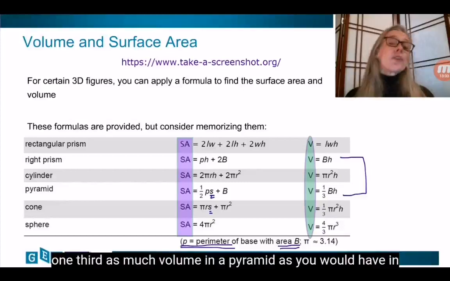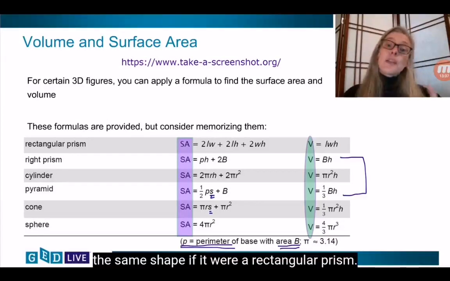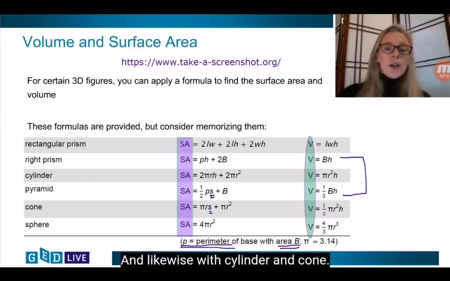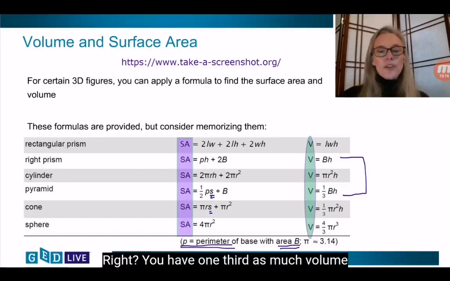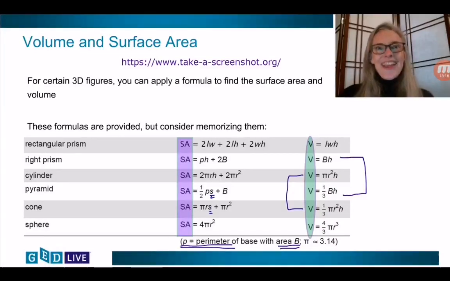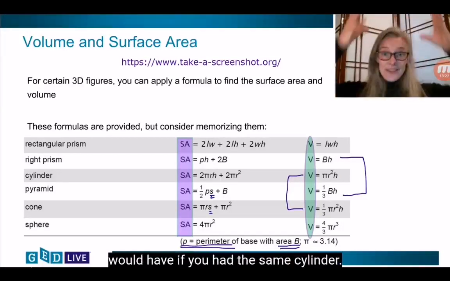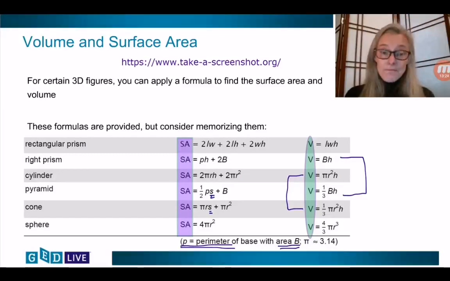So you have 1/3 as much volume in a pyramid as you would have in the same shape if it were a rectangular prism. Likewise with a cylinder and cone: you have 1/3 as much volume in a cone that shrinks to a point as you would in the same cylinder.